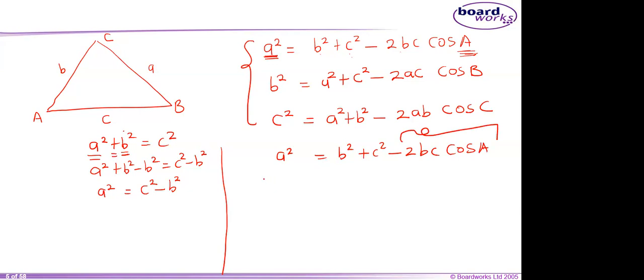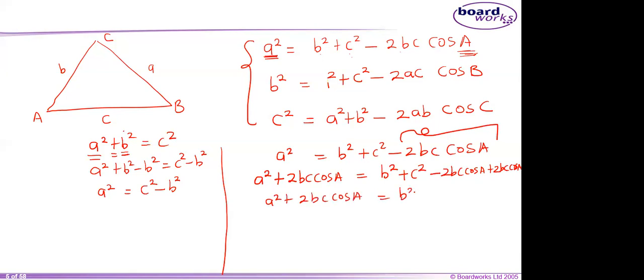Positive. So I will say A squared plus 2BC cos of A is equal to B squared plus C squared minus 2BC cos of A plus 2BC cos of A. Good. Now I remain with A squared plus 2BC cos of A is equal to B squared plus C squared.